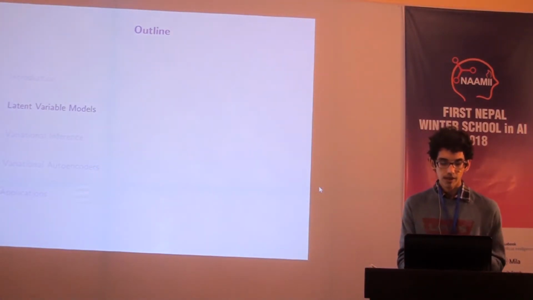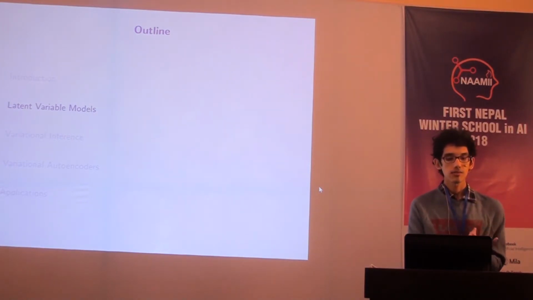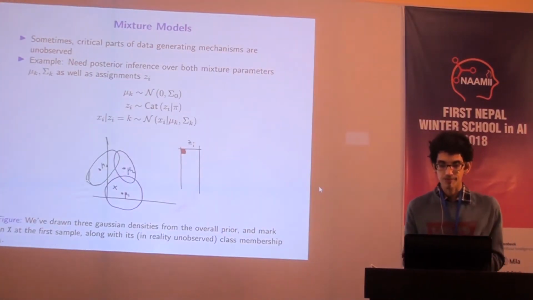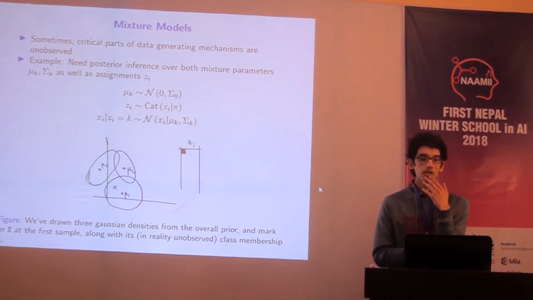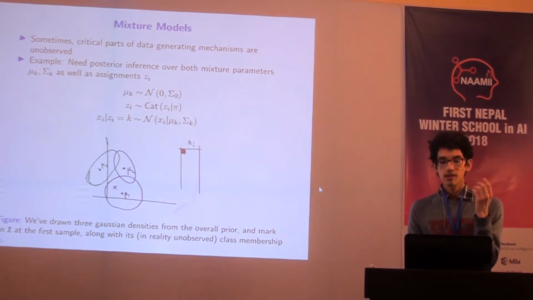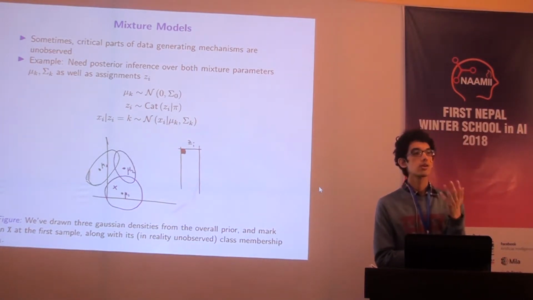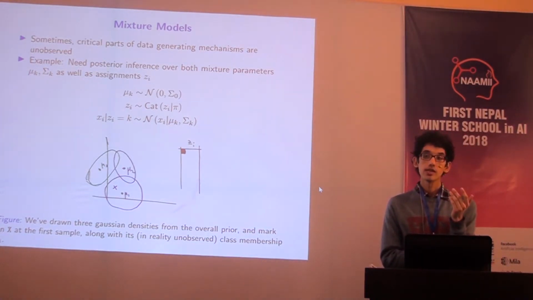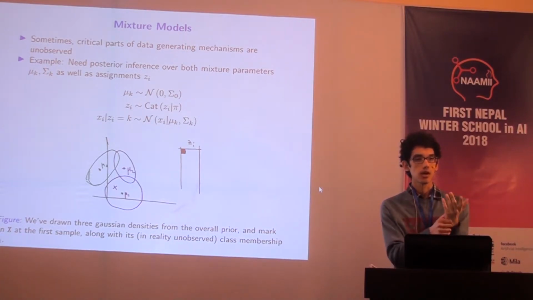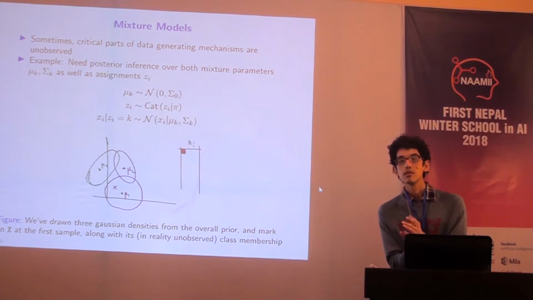But before then, I want to introduce latent variable models, because the place where variational inference really shines is when you're trying to do some sort of inference with latent variables. So let me define what that all means. One way to think of it is, in a lot of real-world data distributions, there's this underlying, really meaningful concept which you don't observe, right?